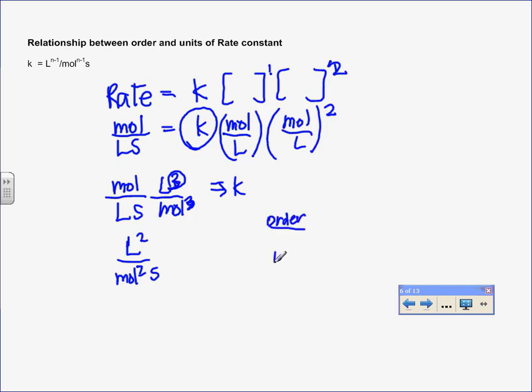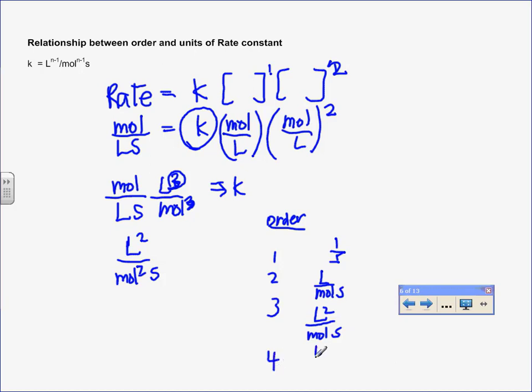Okay, so if you've got a first order, second order, third order reaction, you could work out the units for each one. The units for a first order reaction are 1 over s. For a second order reaction, liters per mole second. For a third order reaction, liters squared per mole squared per second.